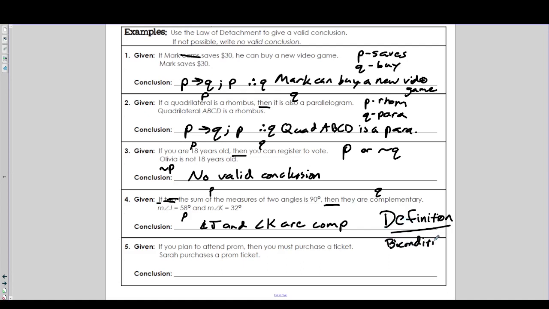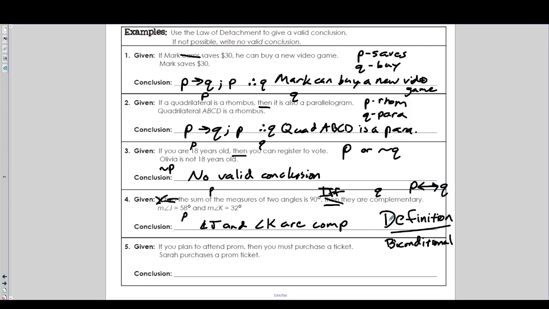So they didn't write it as one here, but we should technically write this not as if. We should say the sum of the measures of two angles is 90 degrees if and only if they are complementary. Meaning our conditional should look like this with the double arrow and be a biconditional.